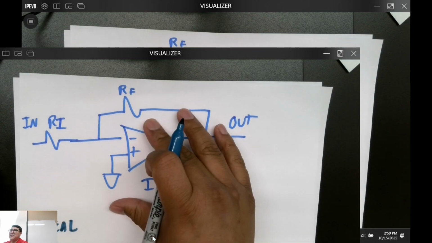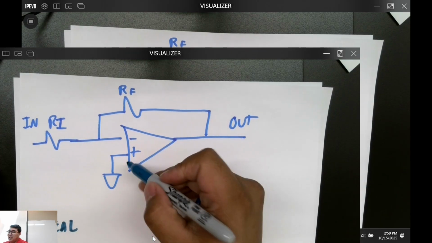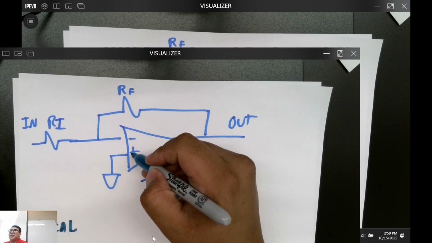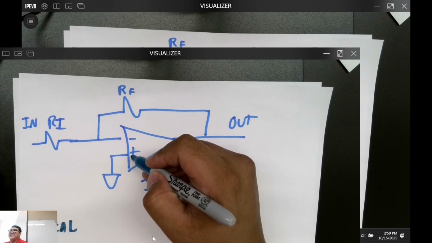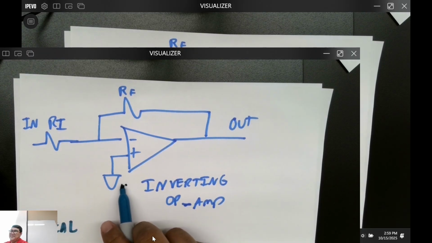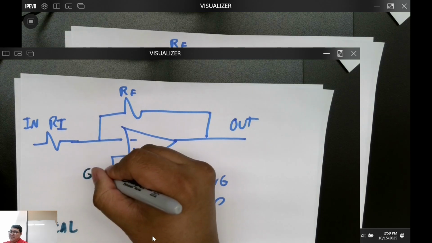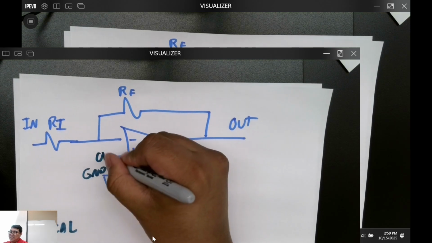When we're solving these circuits, look at what ports you have. Which one do you know for sure is going to be of a certain value? This right here, good old GND, 0 volts.